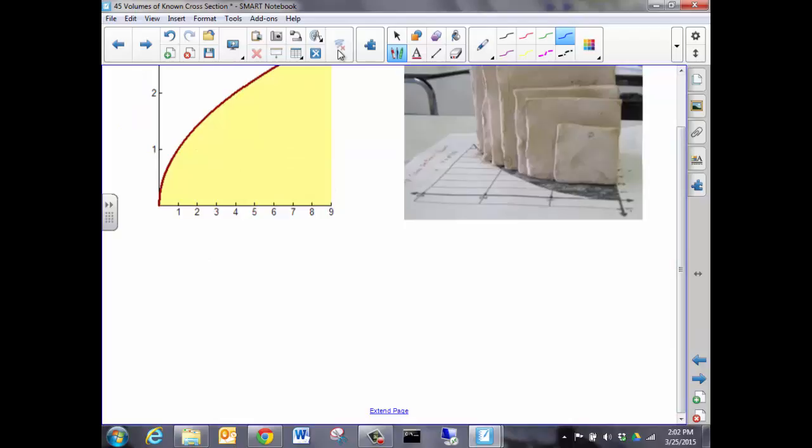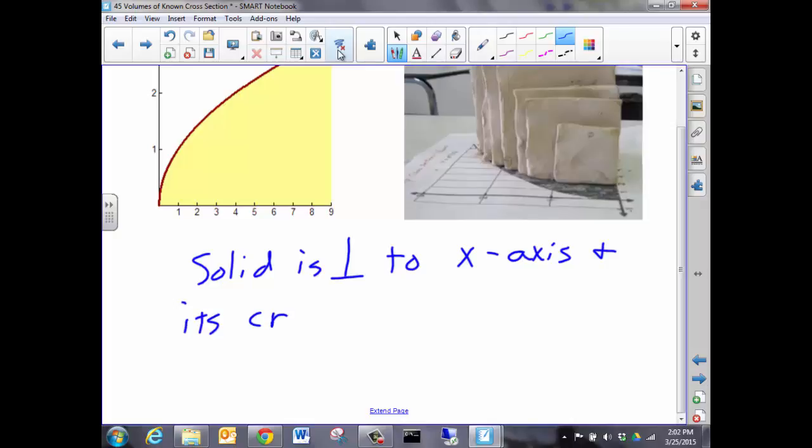Okay. The solid is going to say the solid is perpendicular to the x-axis, and its cross sections are squares.